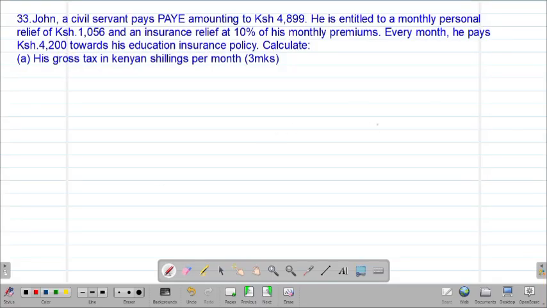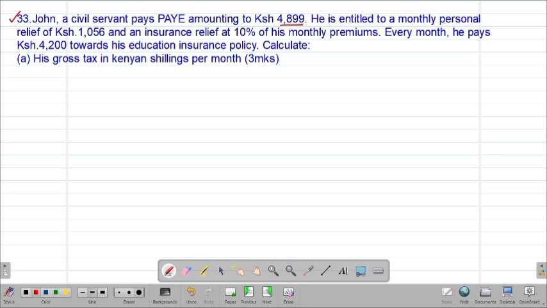Welcome to today's class. It's our 19th lesson on a given Form 3 mathematics topic called Commercial Arithmetics 2. So we are looking at our example 33 on income tax, which reads that John, a civil servant, pays a PAYE amounting to 4,899 Kenya shillings.